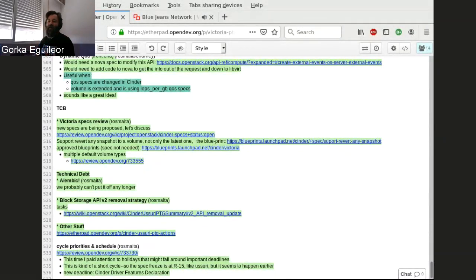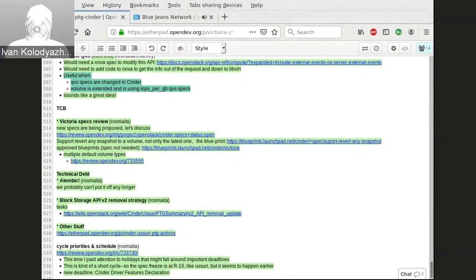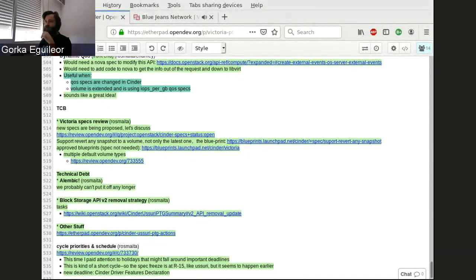But it may be overkill. I don't know about having that many options. I'm not sure how useful it will be to set up a default volume type per user, but we definitely would want this per tenant. Okay, that's good.